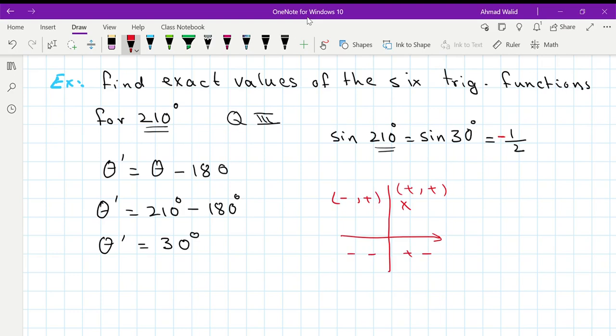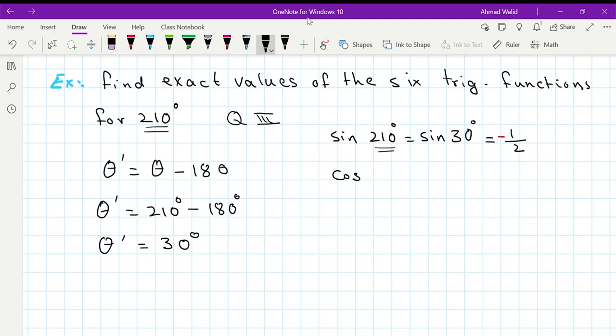If you are in this quadrant and you are dealing with sine, and sine is y, if y is negative, definitely sine is negative. That's why I changed this sign. Hopefully you understand it this way, because we are not drawing angles all the time. We use the tricks or the rules that we already learned.